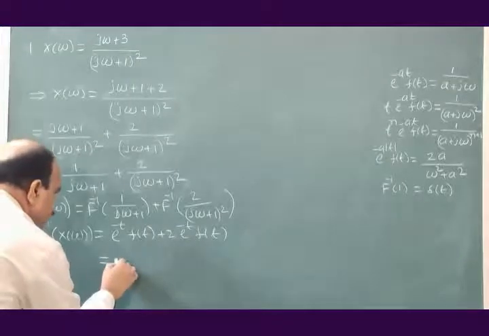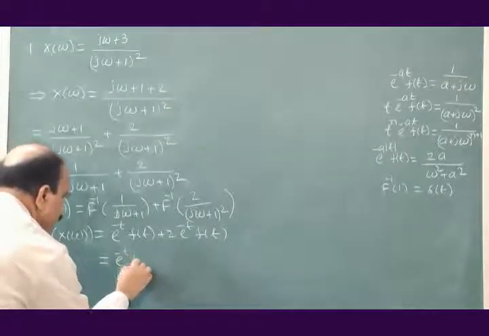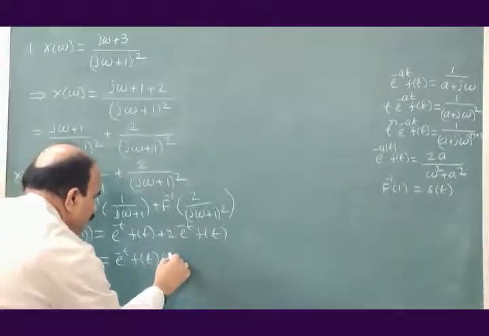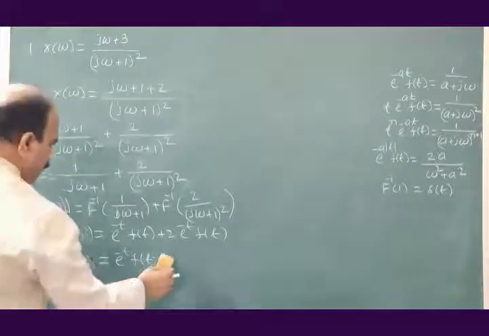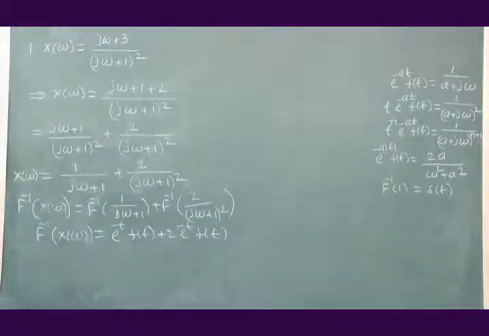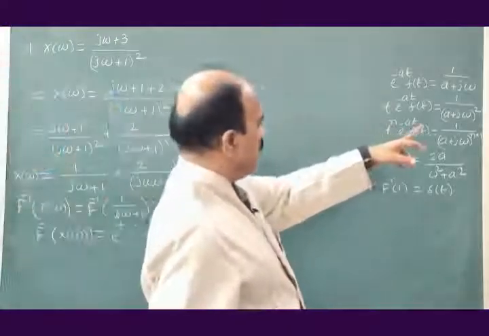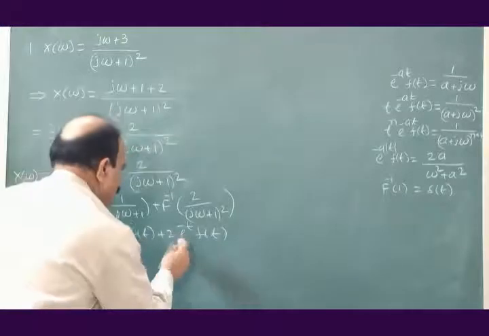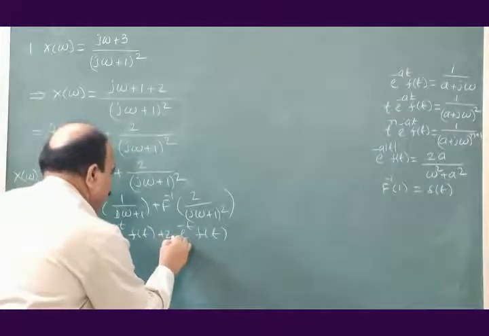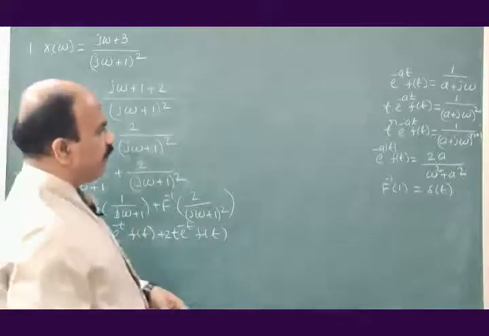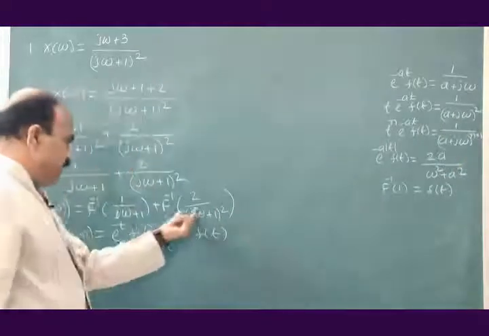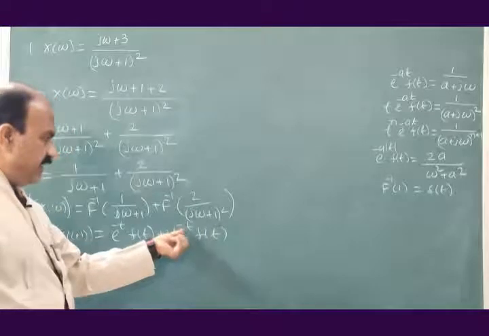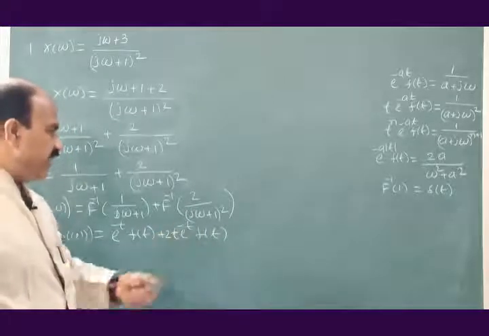Now just remember this: t e to the power minus at f of t is 1 divided by a plus j omega whole square, and e to the power minus at f of t is 1 divided by a plus j omega. Here a is 1, so it is e to the power minus t.